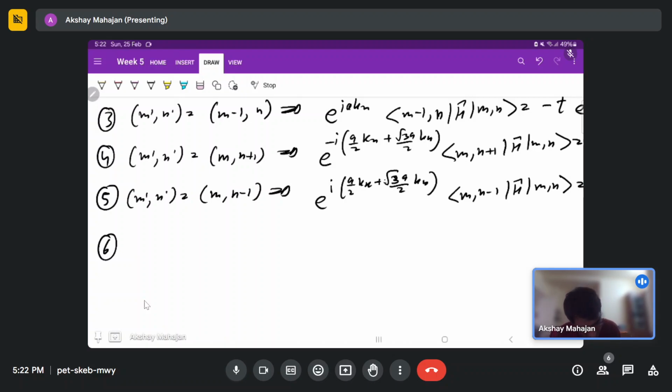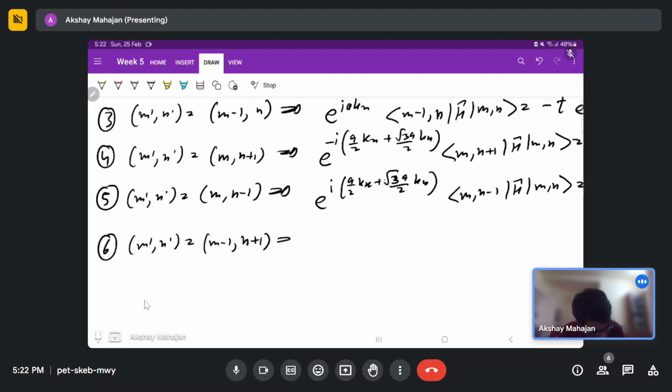Then the next term will be for m prime comma n prime equals what we are left with. We have m plus 1, we have m minus 1 and n plus 1.